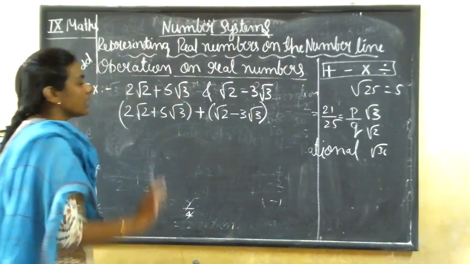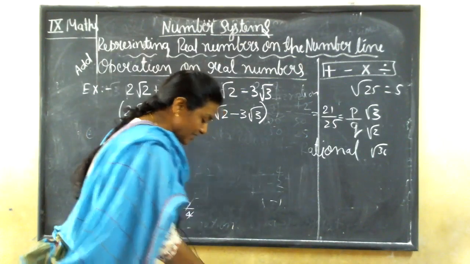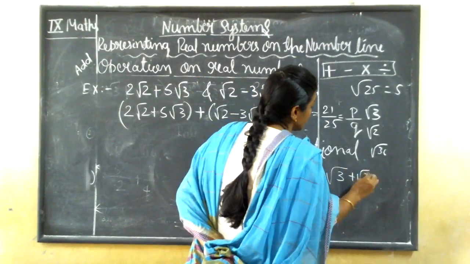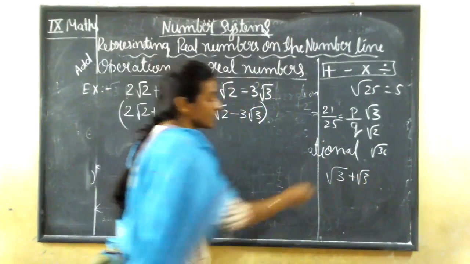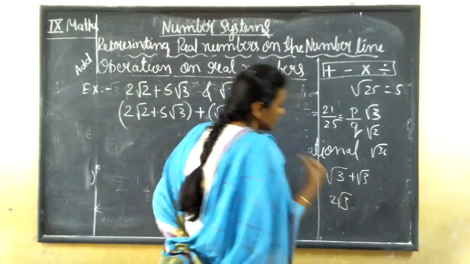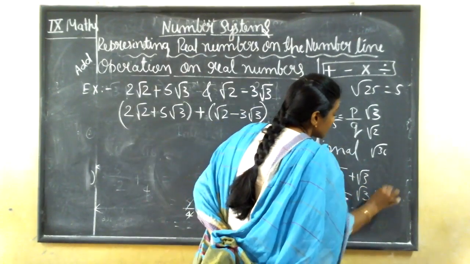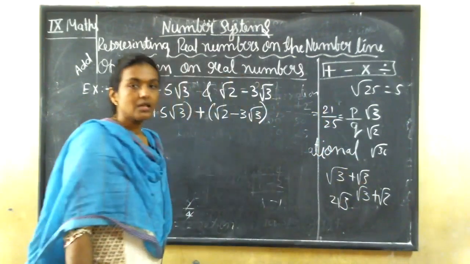Clear? We all know from the previous class that if you have root 3 plus root 3, you can add, isn't it? So what do we get here? 2 root 3. If you have root 3 plus root 2, can you add this?